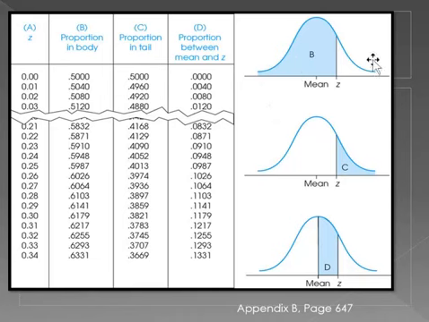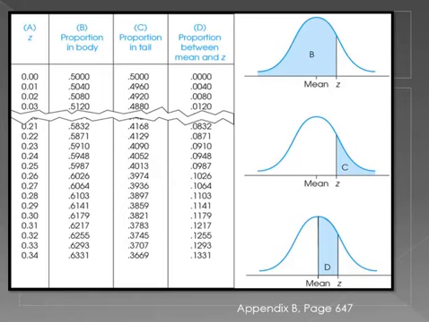Some of it depends, of course, upon whether your z-score is positive or negative. Because here, for example, say this is plus 1.00. If we're looking for the proportion of scores at or below this z-score, we would look in the body. But what if we had a z-score of negative 1.00 and we were looking for the proportion of scores that fell at or below negative 1.00? Well, we'd be looking for a much smaller area, right? We'd be looking in the tail. So in that case, we'd look in the tail column.